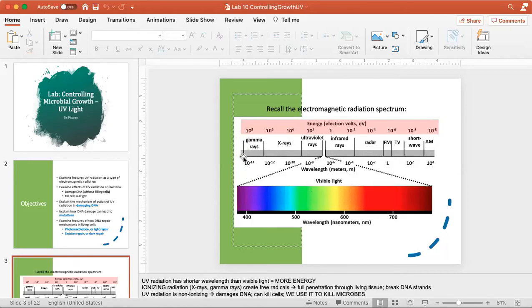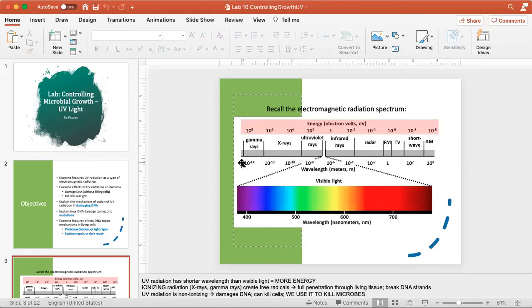And of course, that makes sense because we know that this kind of radiation is ionizing radiation. In fact, gamma rays and X-rays fall into the kind of radiation that is ionizing. It can penetrate all the way through our bodies, all the way through living tissue. And as it penetrates, it's so powerful that it literally knocks electrons out of their orbit around atoms.